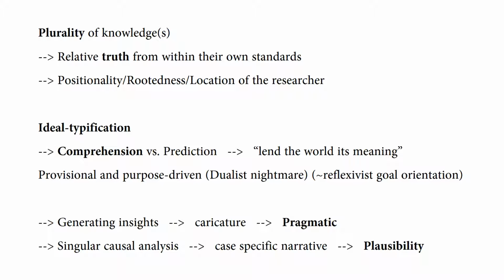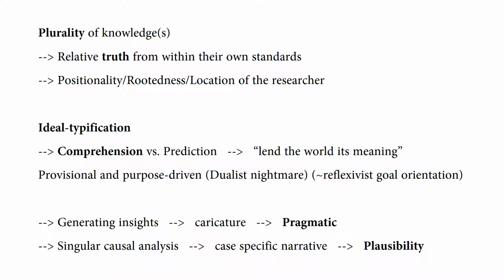So to wrap up, what analyticism wants to achieve is to generate insights that are useful and that come in the form of these ideal types, which are in a sense caricatures. So they are useful oversimplifications of events that might generate insights.